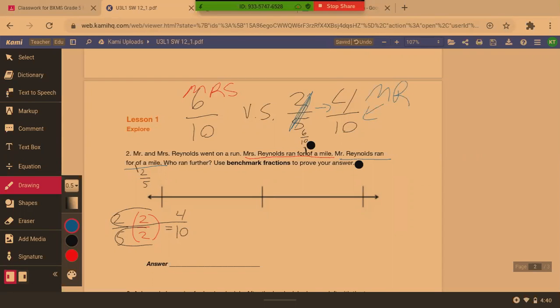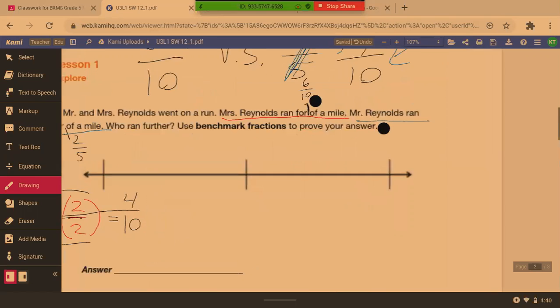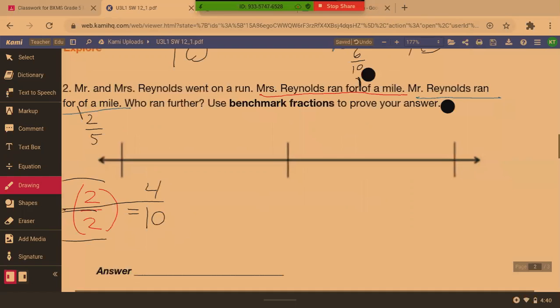So let's use the benchmark fractions. So it's kind of like a timeline. Not a timeline, I'm sorry, a number line. Do you remember the number lines from trimester 1? So here's what we do. So 10 out of 10, that would be 1.